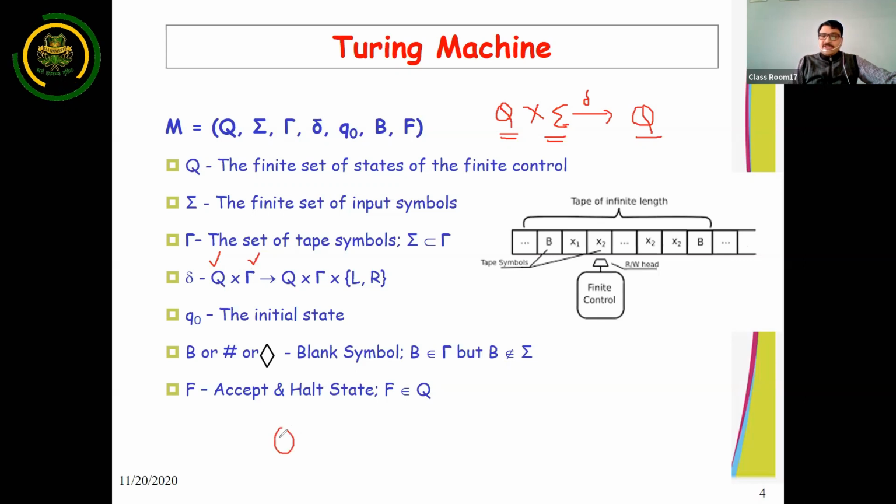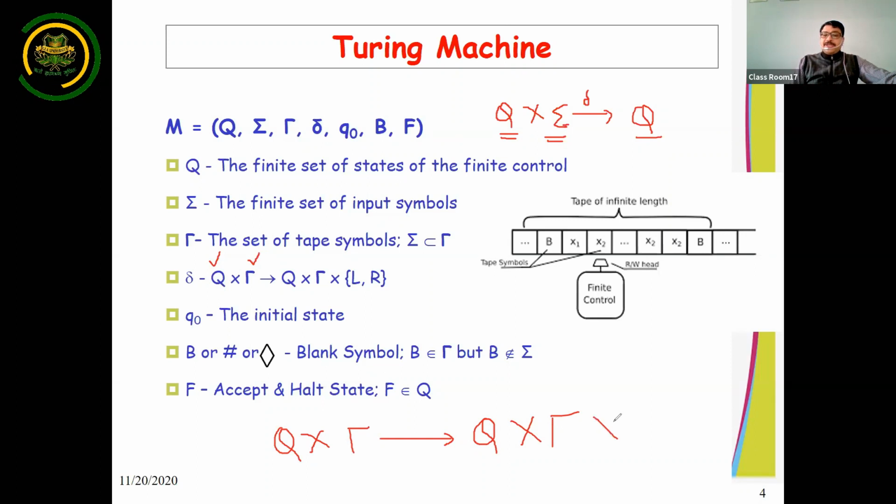So the transition function for a Turing machine can be Q cross tau, meaning you are in any state, reading a symbol from the tape. That may be an input symbol or any other symbol, right? After the transition, you reach a state, and finally you must write something on the tape. That is again a tape symbol, so we must write it in tau.